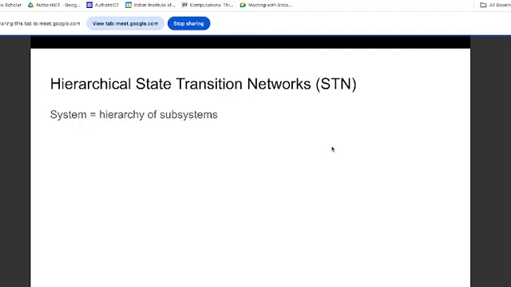In this we consider that an entire system, when we talk about a whole system, we have so many components of a system, or an application, or a software, whichever you call it. In the hierarchical state transition networks, we consider the entire system as a hierarchy of subsystems.